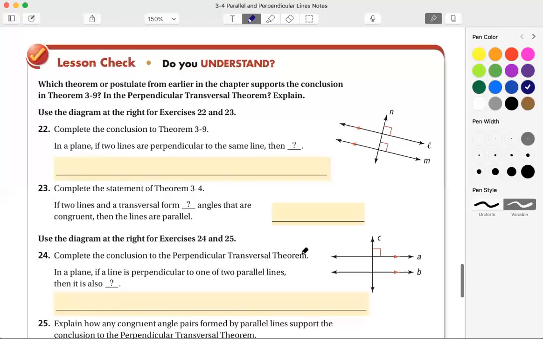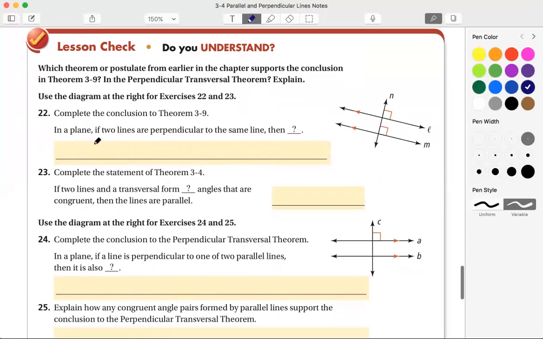So we're going to use the theorem or postulate from early in the chapter to support this conclusion to 3-9. Okay, so complete the conclusion. In a plane, if two lines are perpendicular to the same line, then they are parallel to each other.